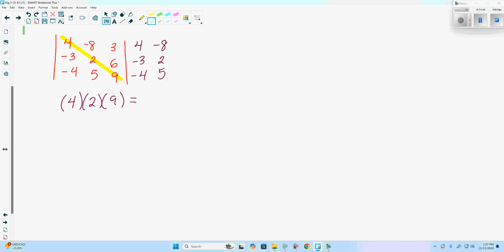Now with the 2 by 2, we just had the 1. Now with the 3 by 3, we don't just have that diagonal, we also have this one here. 8 times 6 times -4. And then lastly, -8 times 6 times -4.